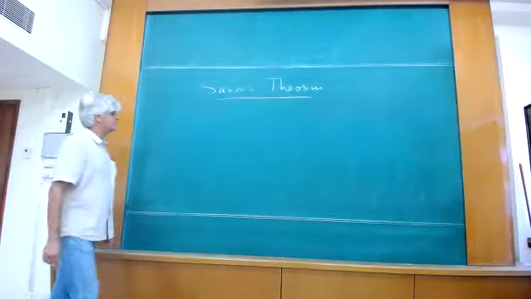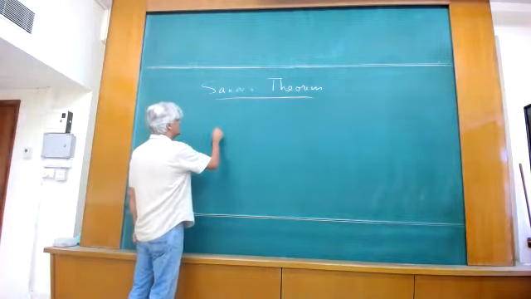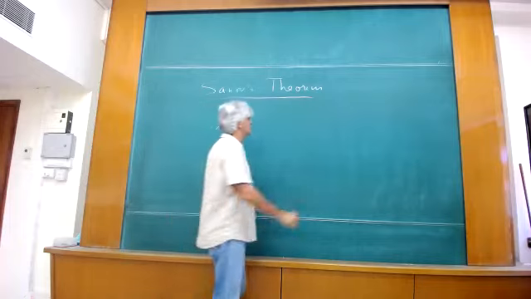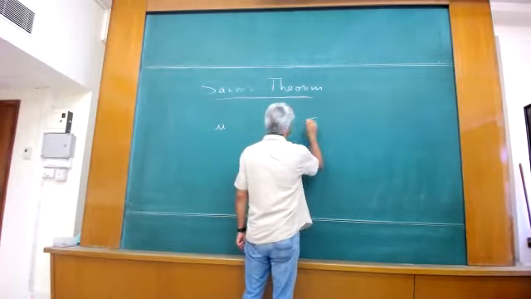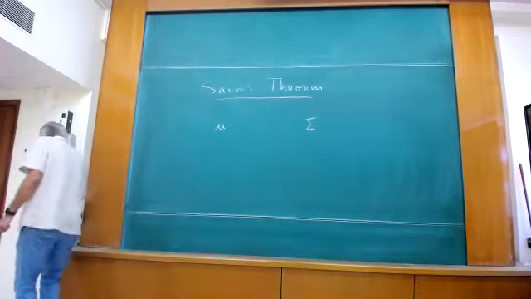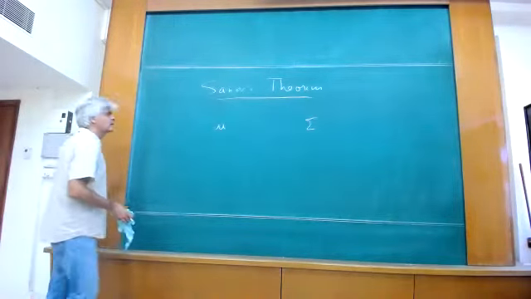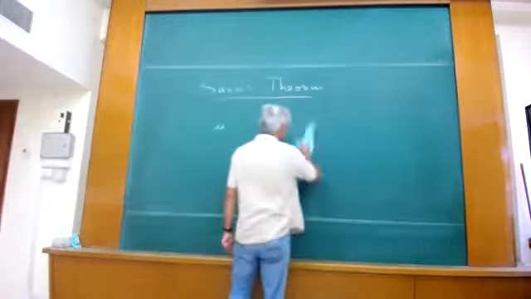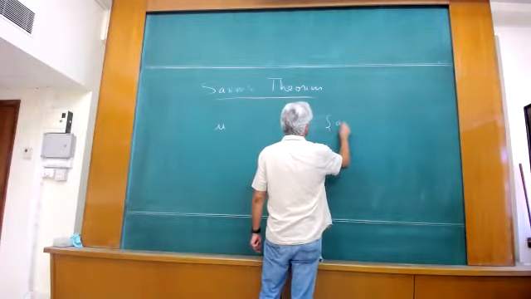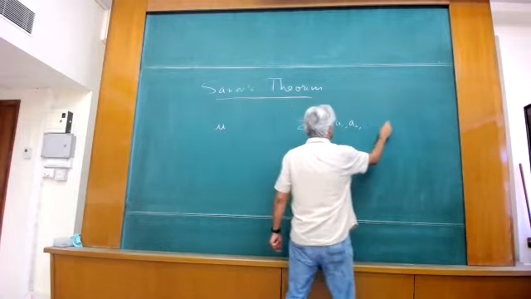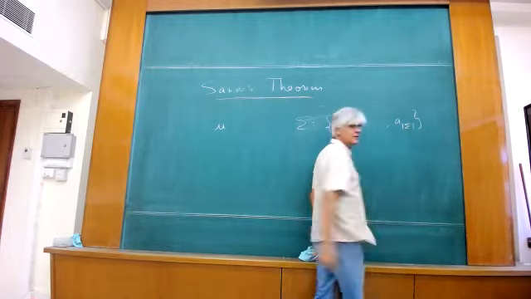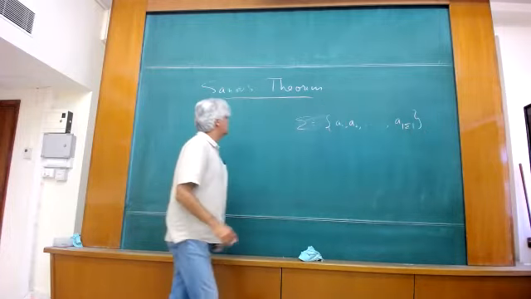Okay, so the idea is as follows. Suppose you're given a distribution mu. We'll keep things simple. We assume that the support of mu, sigma, is finite: A1, A2, and so on.